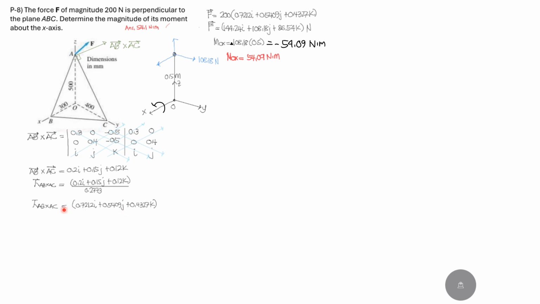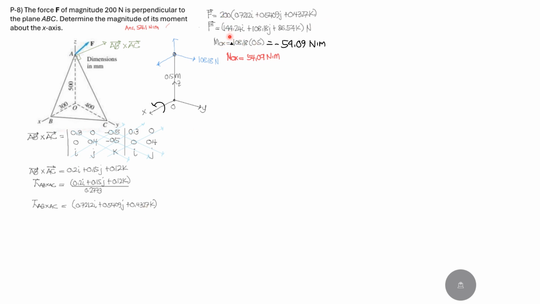So having obtained the unit perpendicular vector, we can now compute the component of F in that direction. So F is equal to its magnitude times that unit vector.